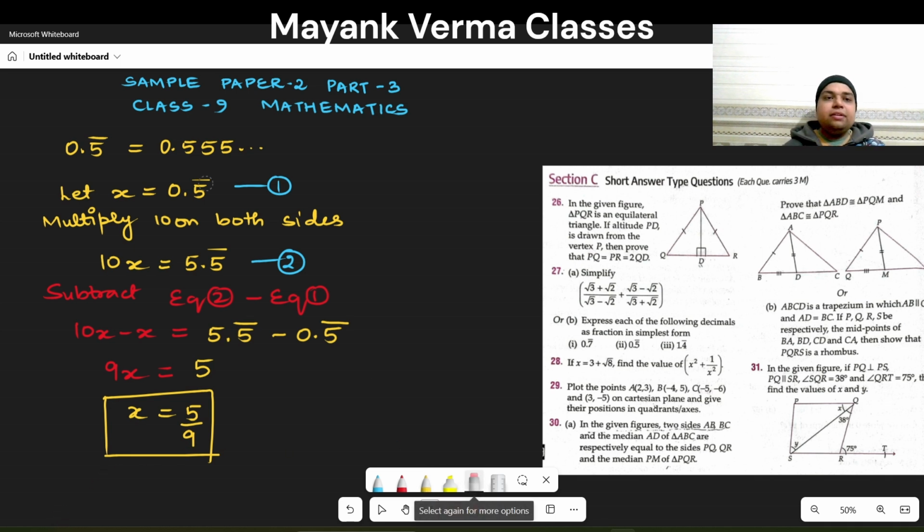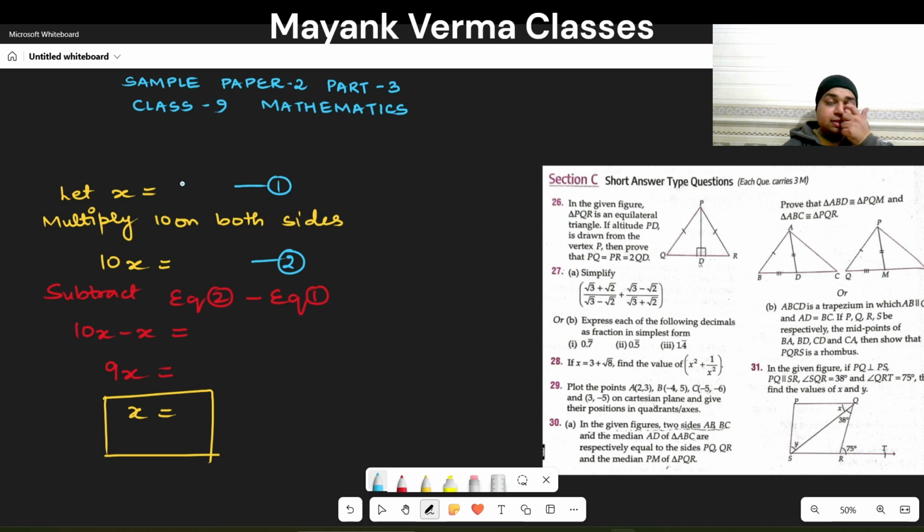In the third part, same thing we will again do. Let me erase it and let's put it. So when x is equals to 1.4 bar, so that means 1.4 bar is 1.444 and so on.